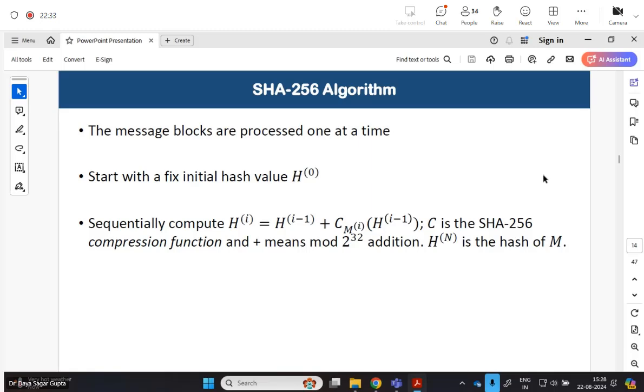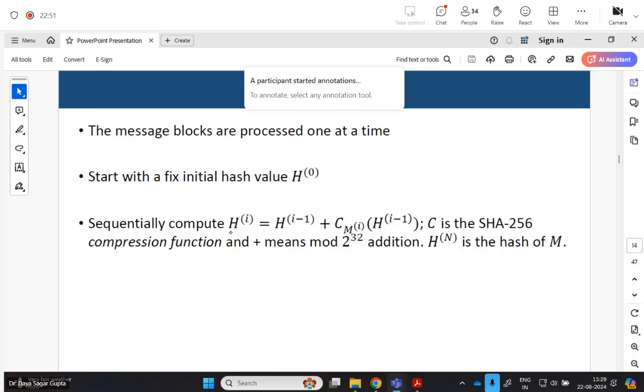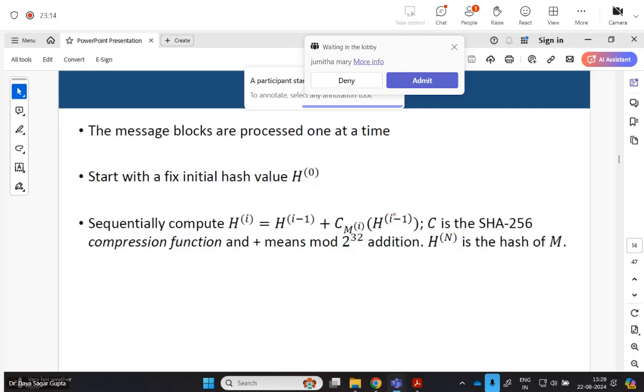Every block is going to be processed one at a time, starting with H0 as the initial value. Let us try to see it here. This Hi is going to be H(i-1) plus the compression function on M(i). How many M(i) are there? Because we have M1 up to Mn, the total number of 512-bit blocks is Mn.